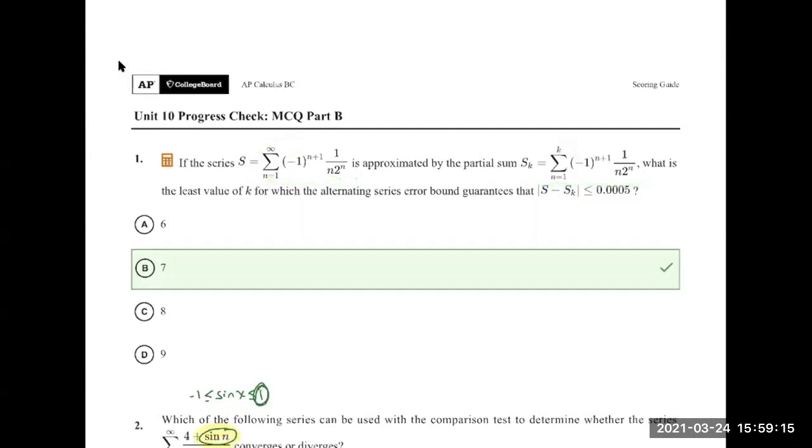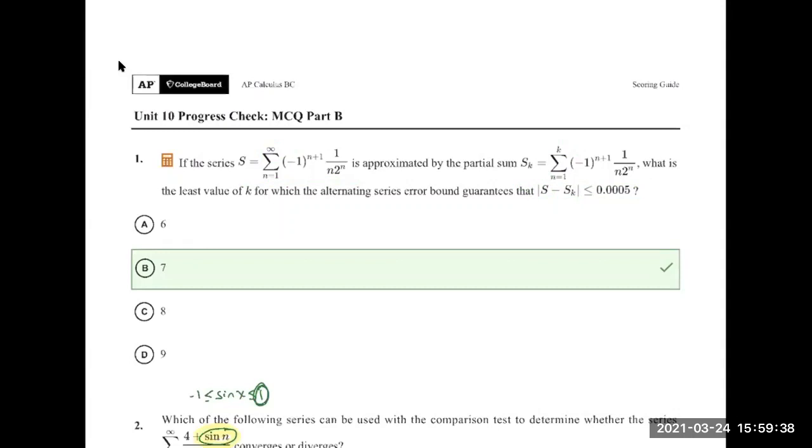Now the question is, what is the least value k, if I were to cut it off, for which the alternating series error bound is less than this? First of all, when you see S minus S sub k, that's the infinite series minus your approximation, or your actual minus your approximation.